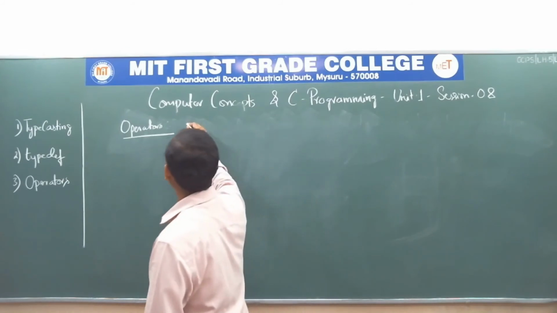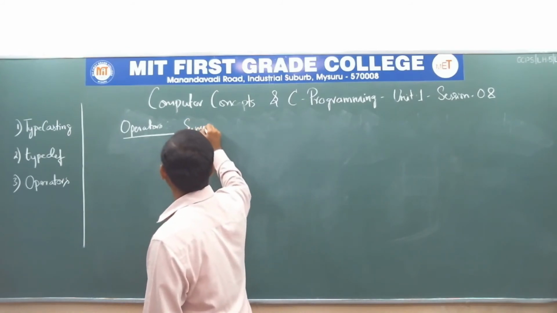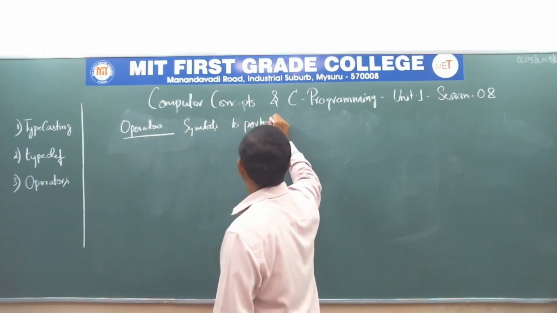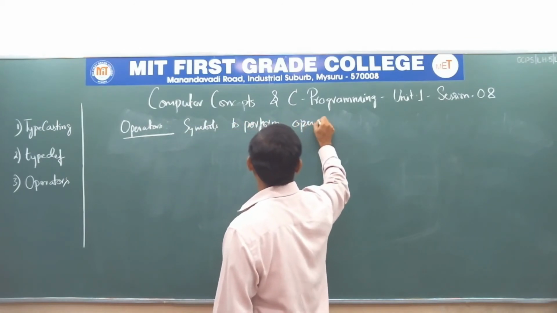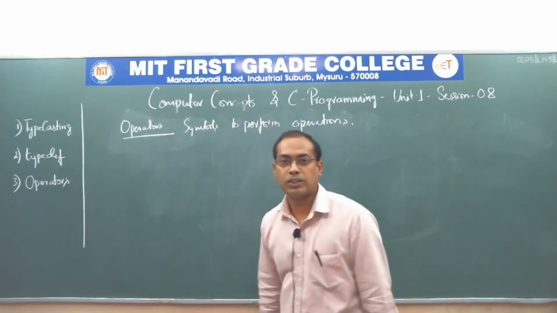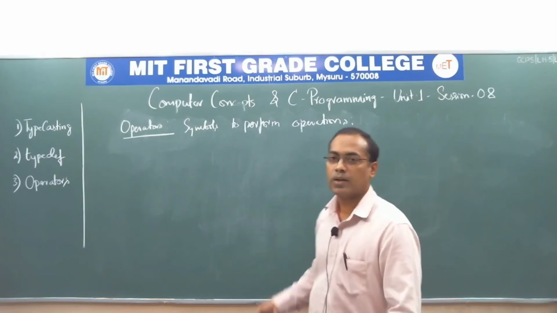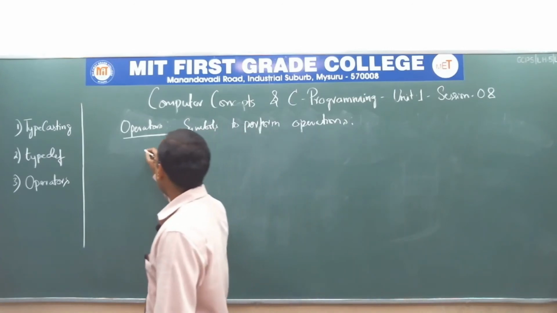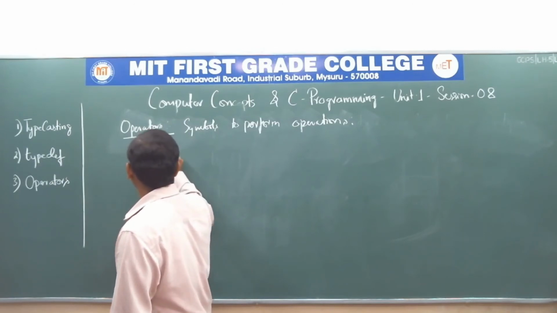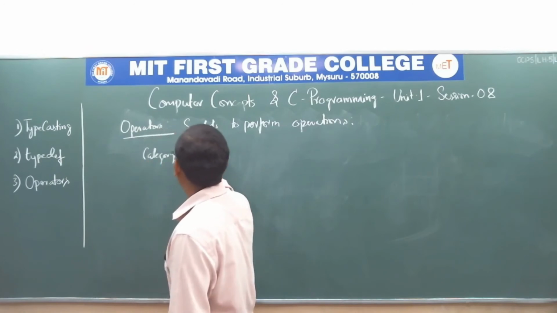So the definition is symbols to perform operations. What kind of operations? It can be arithmetic, logical, and relational operators. Operators are divided into three classes. Category of operators.